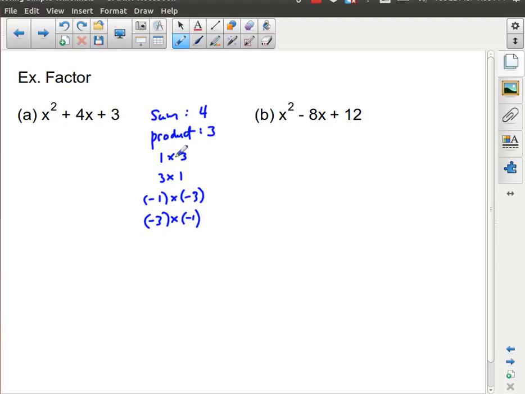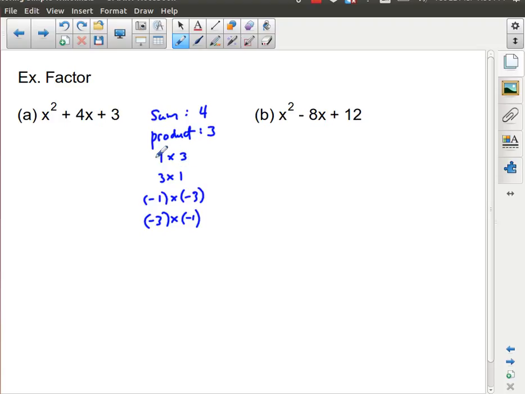And then what we ask ourselves is, out of these, which of these pairs of numbers adds up to give me this sum of 4? So 1 and 3 add up to 4. 3 and 1 add up to 4. Now, as I said before, for the time being, when the coefficient in front of the x squared is 1, reversing the order of our product is the same thing.